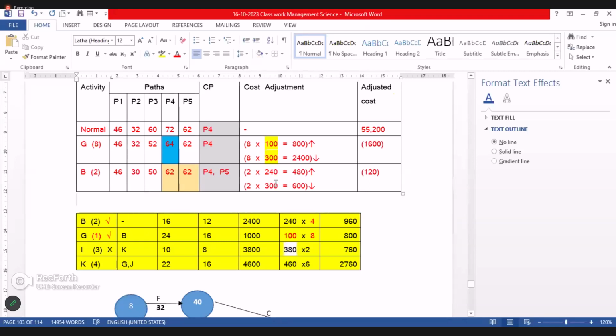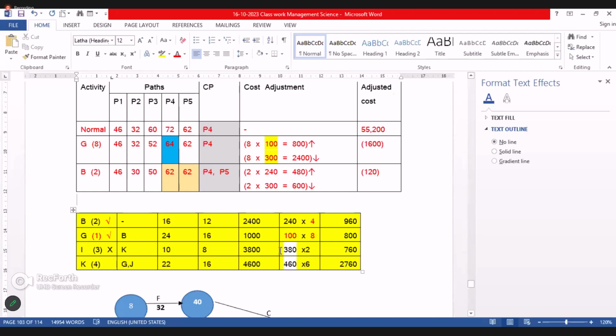Our bargaining point is 300, and already you see that the E and G cost slopes are within 300. This is 240, this is 100. But if you look at I and K, what's happening? Above 300. Fixed cost is already 300, no?